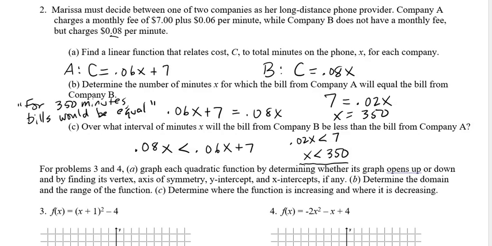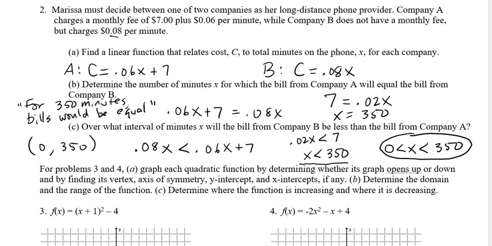So the domain really should be, we might have 0 minutes, can't go below 0. So that would be the interval using an inequality, and then using our typical interval notation, we would say 0, 350.